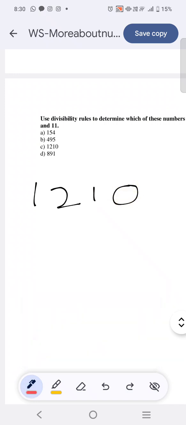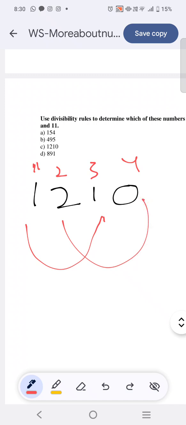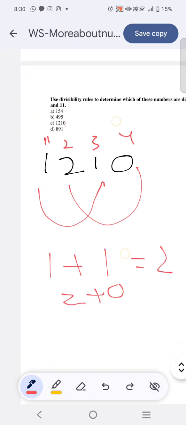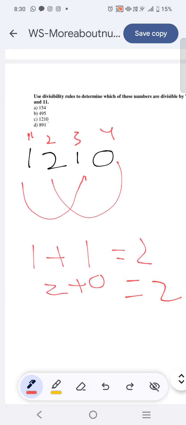Okay, now we're gonna write 1 2 3 4 positioning. Okay, after positioning we are gonna do them like this. So 1 plus 1 and 2 plus 0, which is 2. This is also 2.